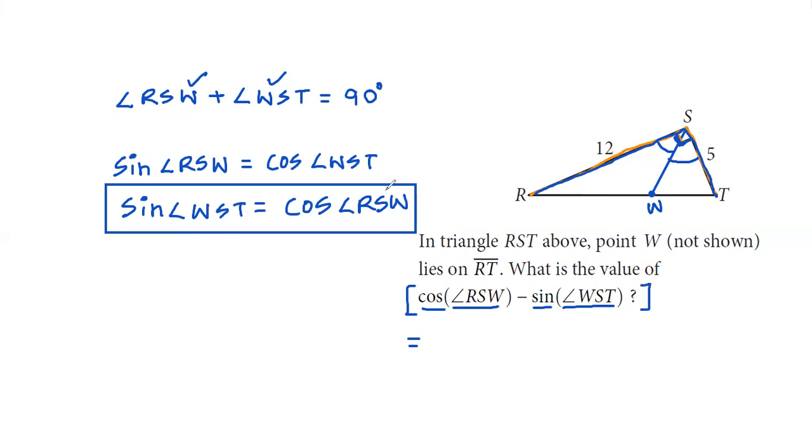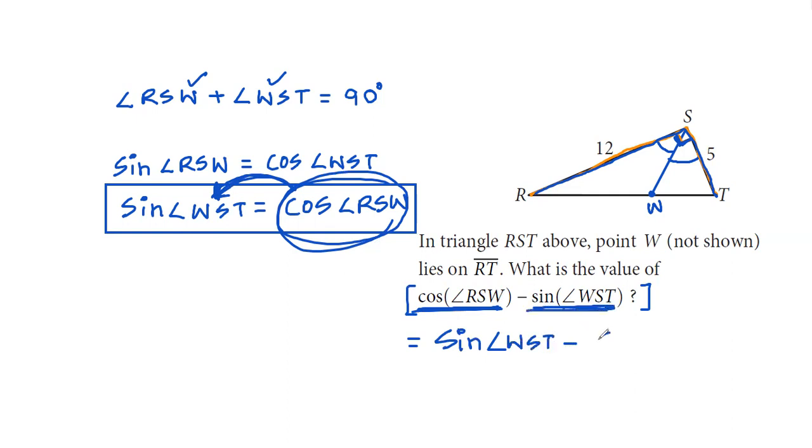So cosine of RSW equals sine of WST, right? So you can replace cosine of RSW by sine of angle WST. And the second expression is minus sine of WST. So both are equal and opposite, right? So you'll get the answer as 0.